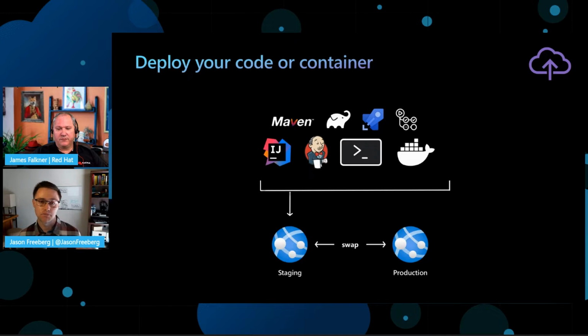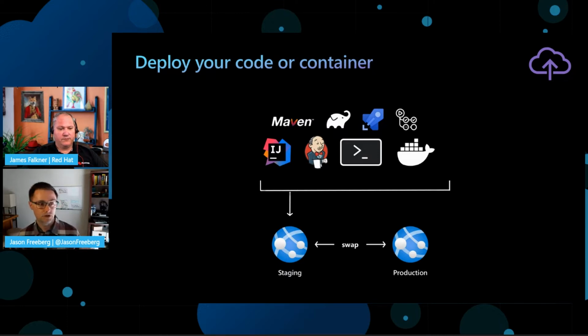If you go to the Azure portal, you can go to the Deployment Center, and from there, App Service will help you set up a CI/CD pipeline from GitHub or Azure Repos. On the other hand, if you already have a CI/CD pipeline and you want to continue using that system, then you can use tools like the Azure CLI or the Maven and Gradle plugins to deploy as part of your existing pipeline.